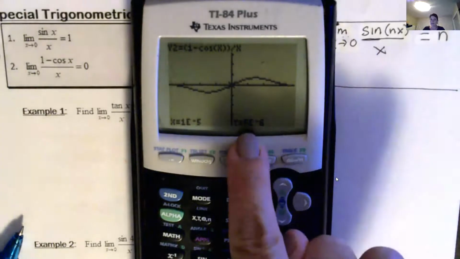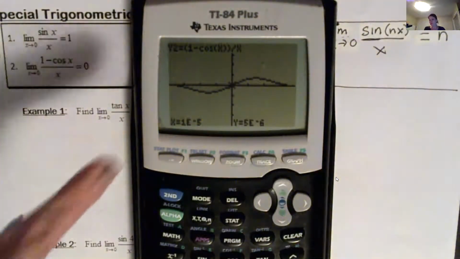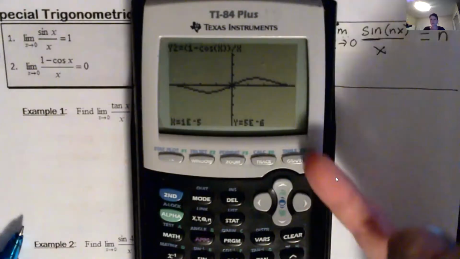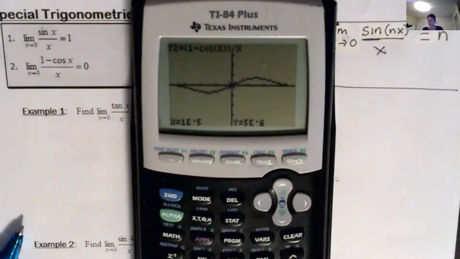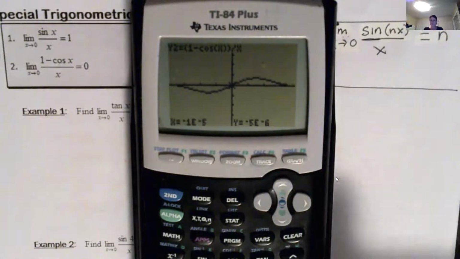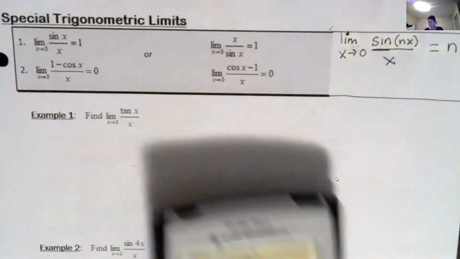And again, it made scientific notation out of both values, so this is implying 0, this one is 0. So they're both zeros in this case. And then if I go on the left side of 0, again, same thing. And again, its reciprocal results in the same limit.